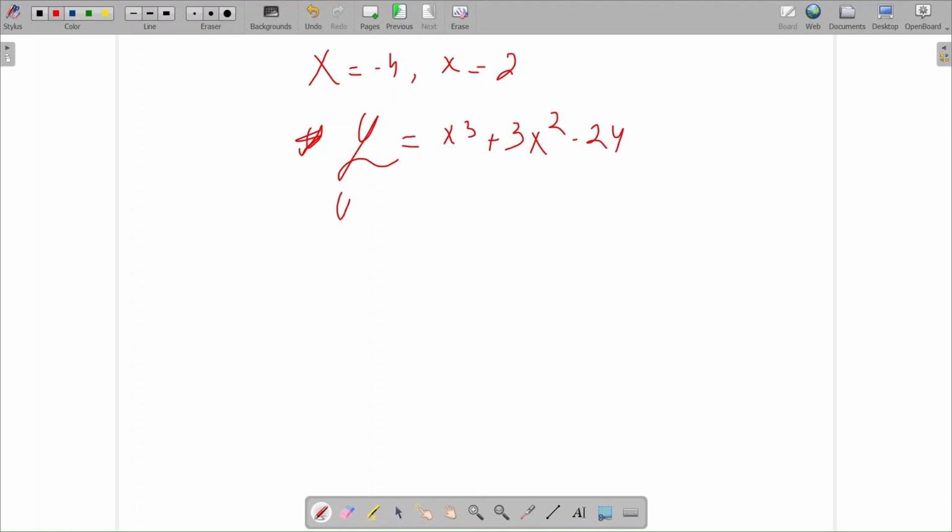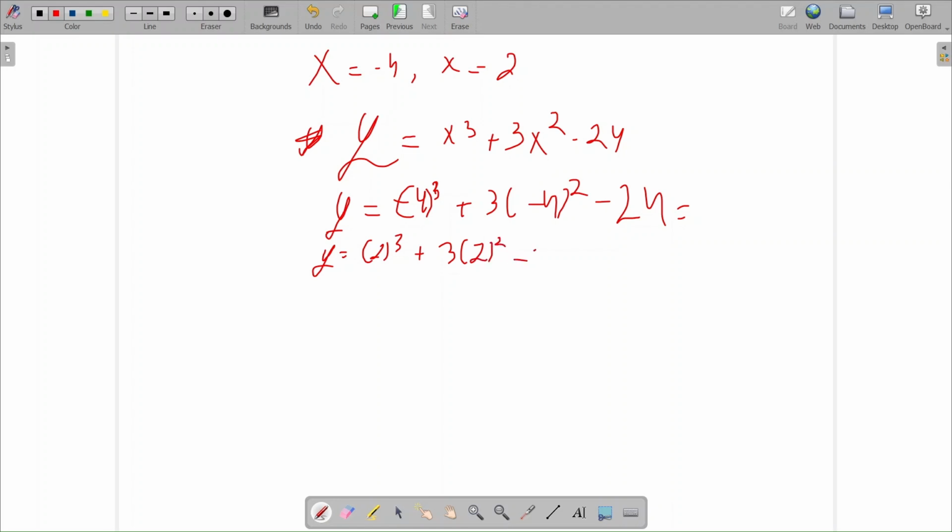Okay, so y equals (-4) all cubed plus 3 into (-4) squared minus 24, which equals 2. We'll find it later, and then we also have to find the other case, which is 2: 2 cubed plus 3 into 2 squared minus 24.